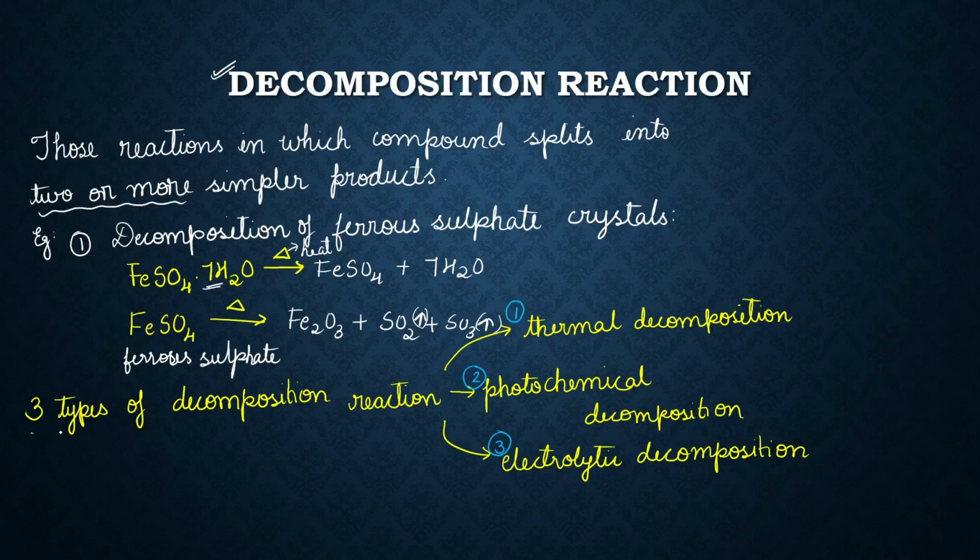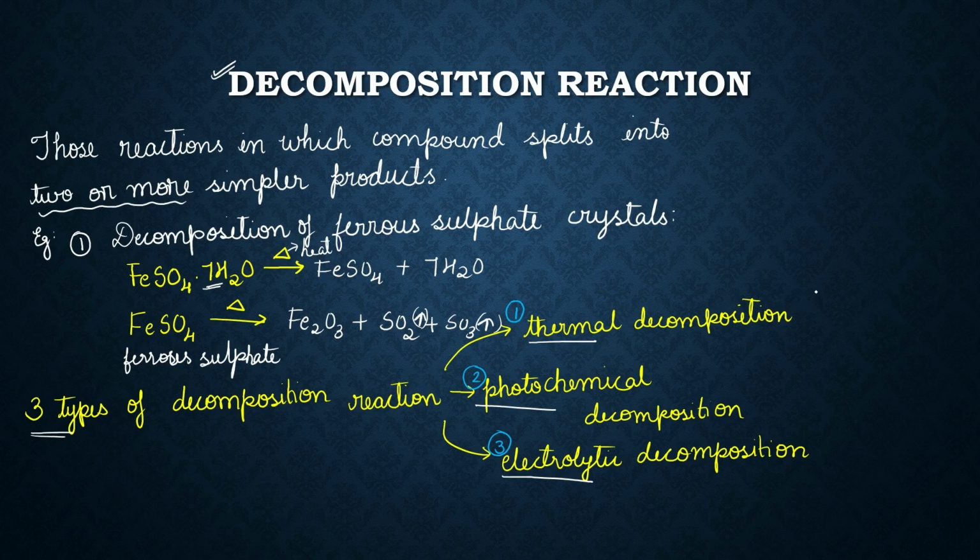Now there are further 3 types of decomposition reaction. See, decomposition reaction is an endothermic reaction. It requires energy. Energy is absorbed during this reaction. So we have classified the decomposition reaction into three types based on the energy that it is absorbing: thermal decomposition reaction, photochemical decomposition reaction, and electrolytic decomposition reaction.